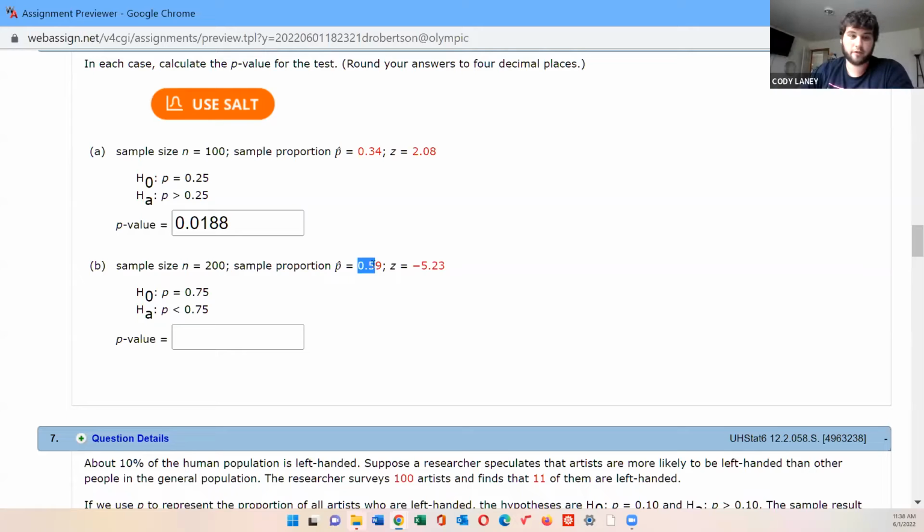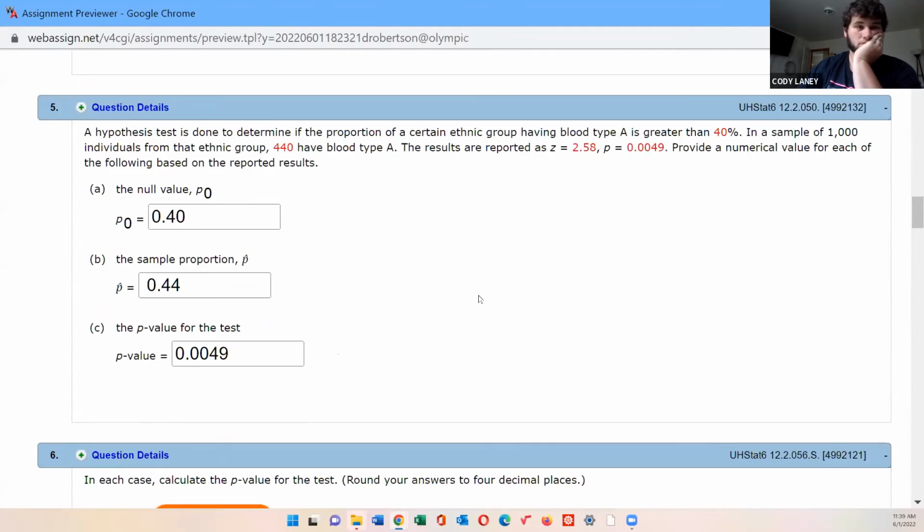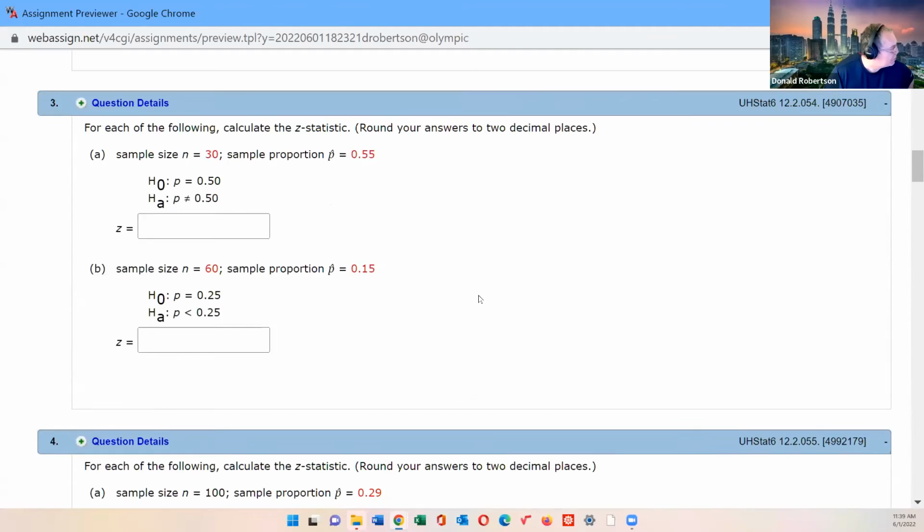No, mine's different than yours. Okay, what was your p hat? My P hat is 0.2. Okay, and what was your sample size? 60. We're talking question 6, right? No, I'm talking number 3B. Well, that might not be the same question then.